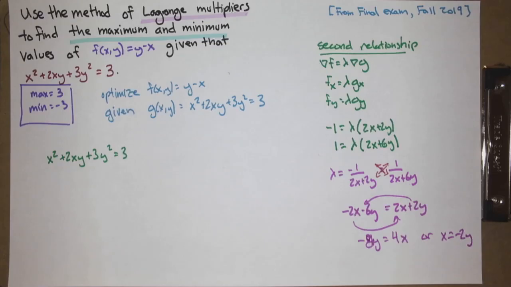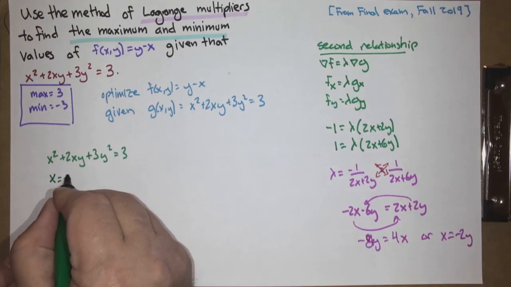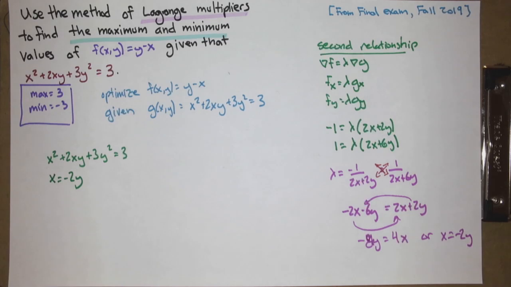So that's our second equation, our second relationship. So now we have two equations and two unknowns. With that, we tend to look for things like substitution or factoring. What should we do here? Yeah, this is really set up well for substitution.